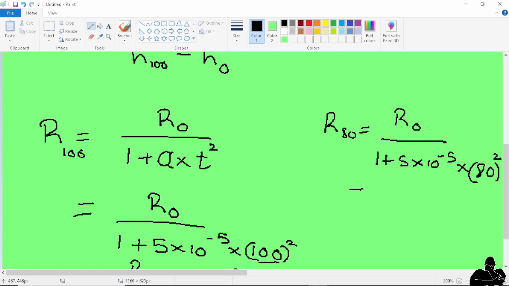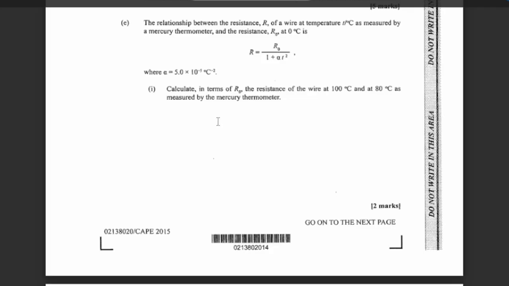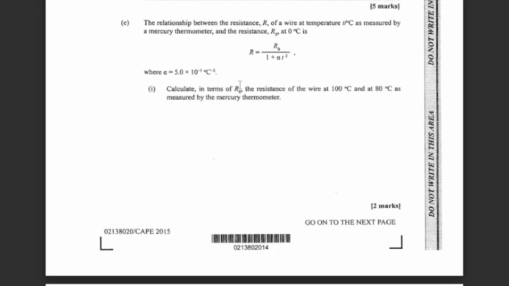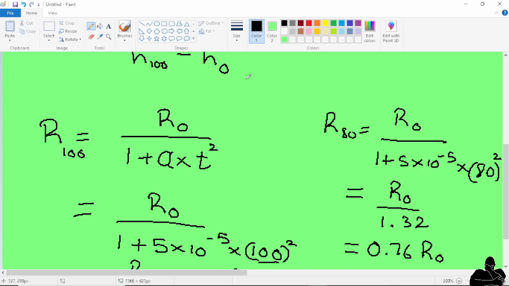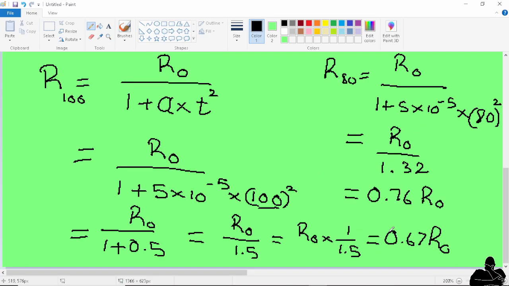And that gives us basically R0 divided by 1.32, which gives us an answer of 0.76 R0. So we have calculated the resistance in terms of R0. As you can see, our final answers of 0.67 R0 and 0.76 R0 both have R0, so they're in terms of R0 because R0 is a part of the final answer.